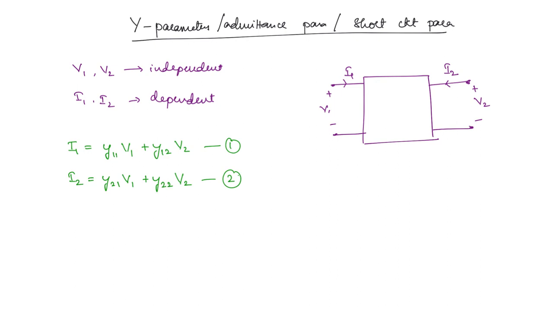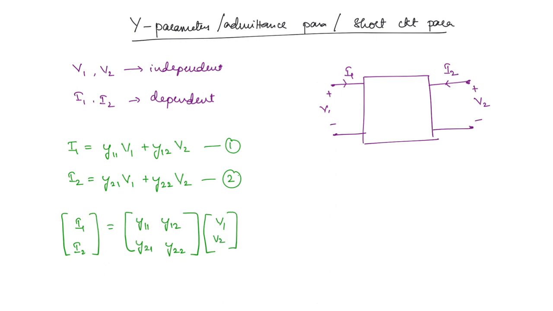So we can write this in the matrix form as well. I1, I2 will be the current column matrix, and this will be Y11, Y12, Y21 and Y22. This is a 2 by 2 matrix. Okay, and finally the voltage matrix V1 and V2.